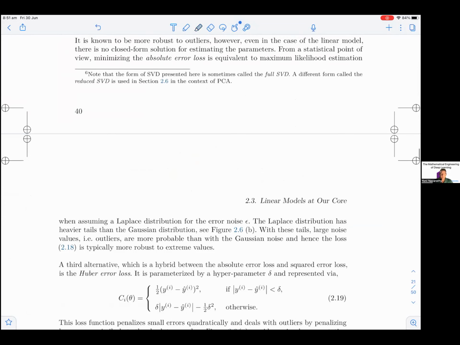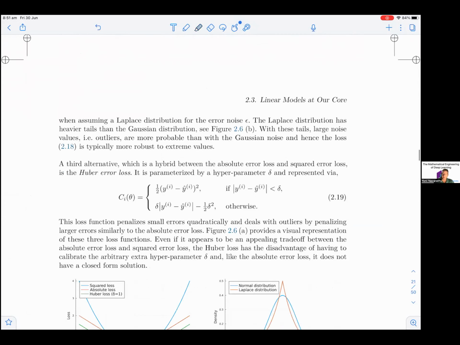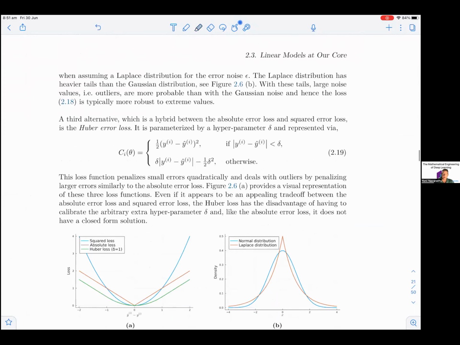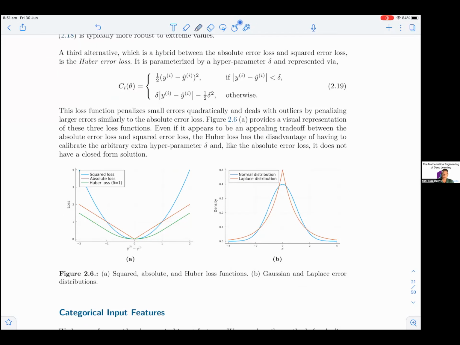A third alternative, which is a hybrid between the absolute error loss and the square error loss, is the Huber loss. It's parameterized by a hyperparameter delta: if the error between yi and yi hat is less than delta, then we have a square loss.